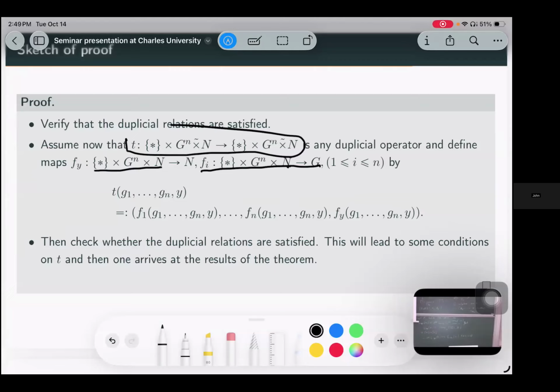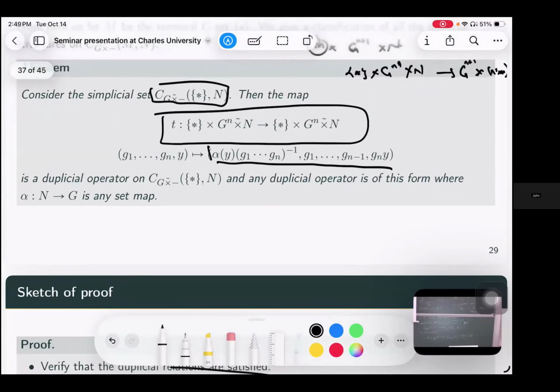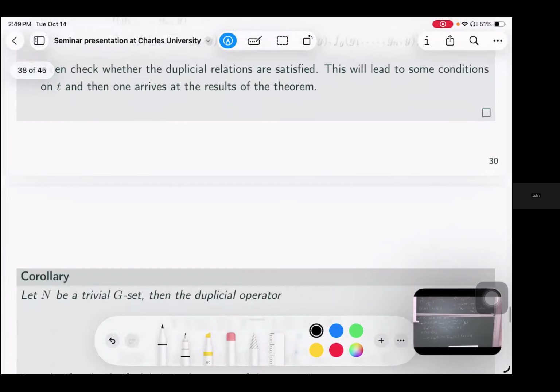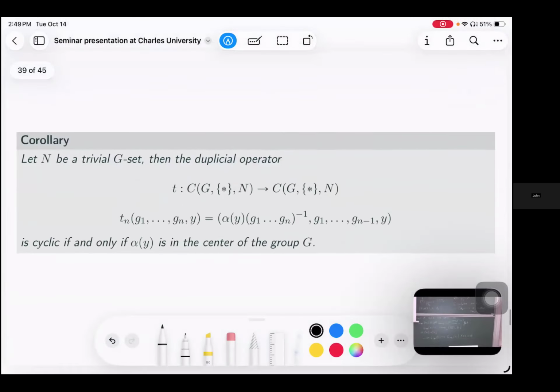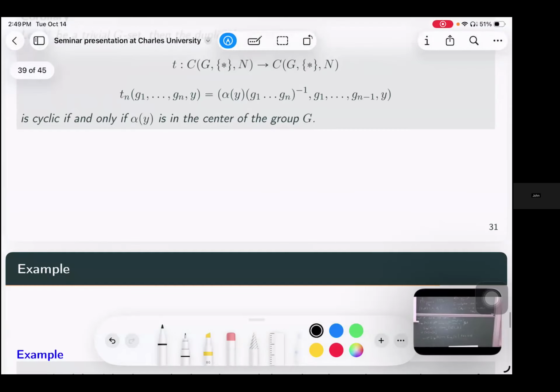Now, in doing so, we would end up with some conditions, and that is what actually leads us to writing this one as what it is. I would like to demonstrate if there is some extra time.